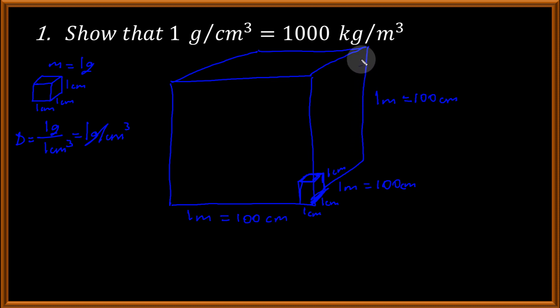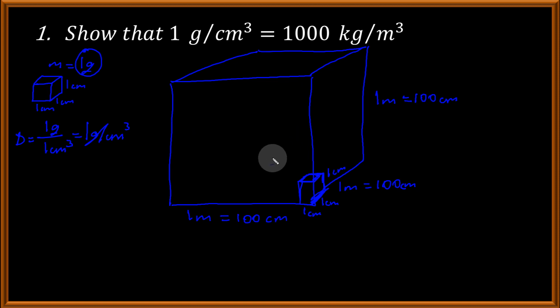So you ask yourself, if one of these small cubes has a mass of 1 gram and 100 of them fit here, 100 fit here, and 100 fit here, suppose we were to fill in this volume with these cubes, how many of them are going to fit inside?